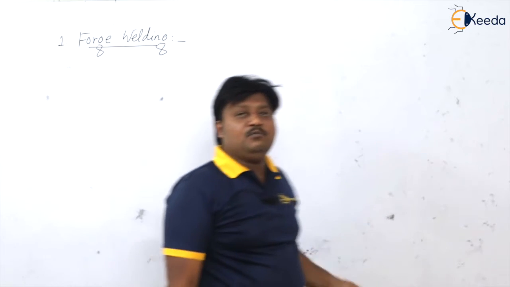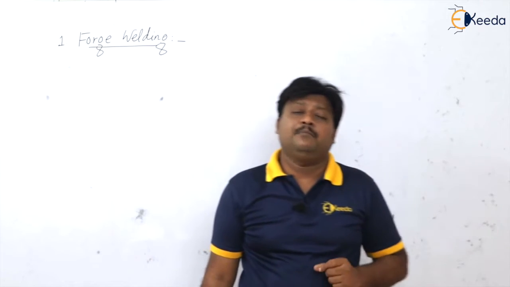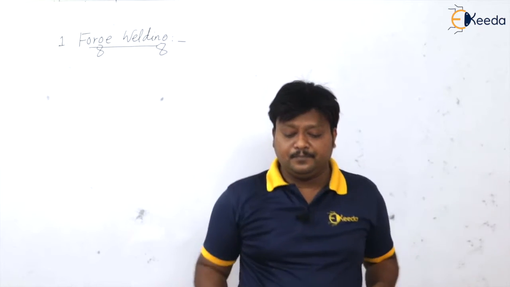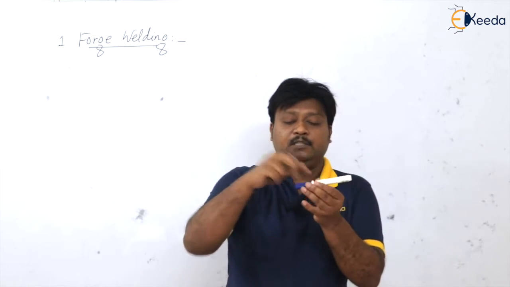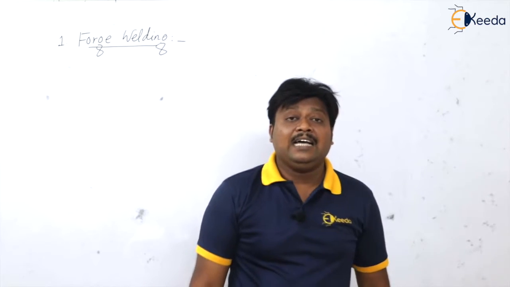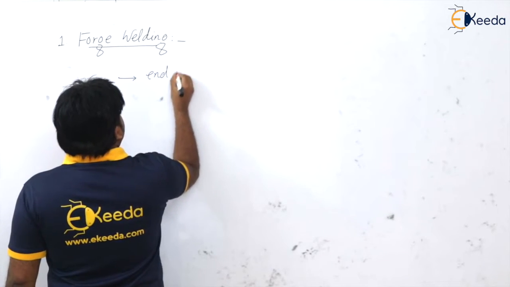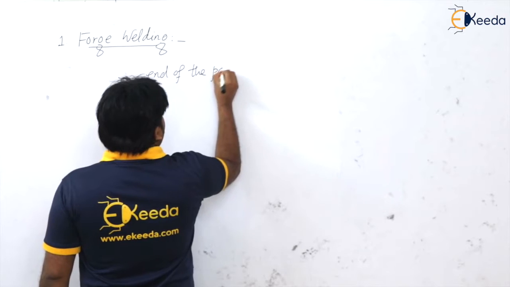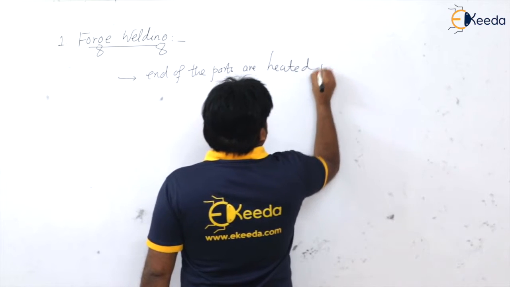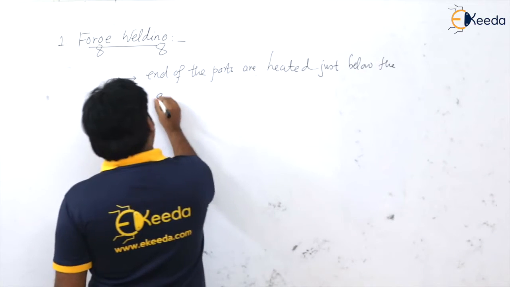This forge welding is one of the oldest joining processes known to mankind. Here, the ends of the parts to be joined are heated just below the solidus temperature.